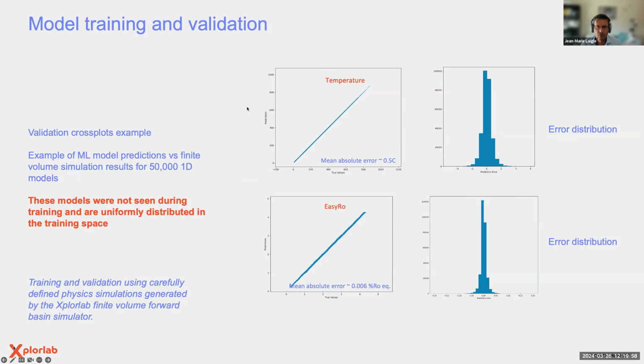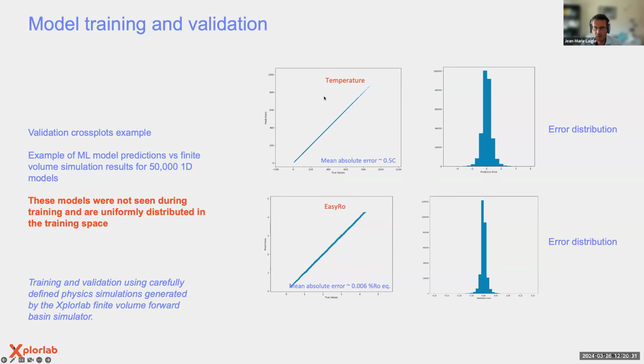As an example of the training and validation, I'm showing here a cross plot, which shows a correlation between the values which are delivered by the forward basin simulator, so the classical simulator, and the prediction of the machine learning based simulator. This is an example for 50,000 1D models, which were not used during training and which are uniformly distributed in the training space.